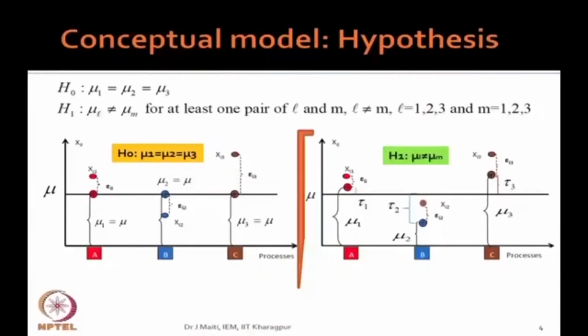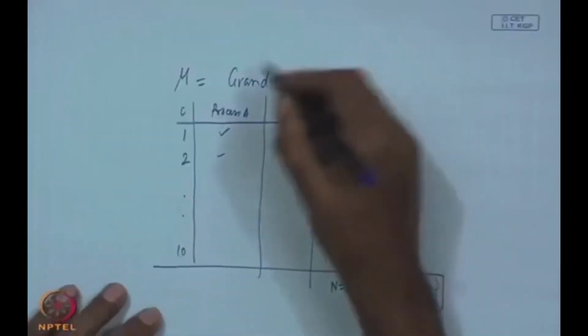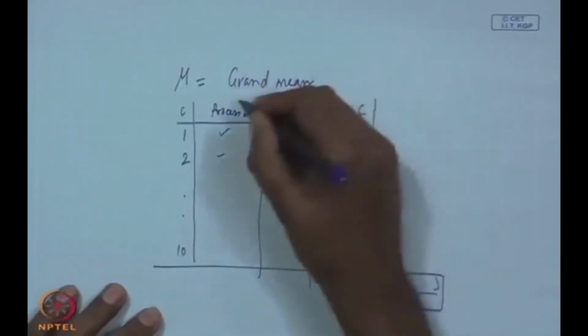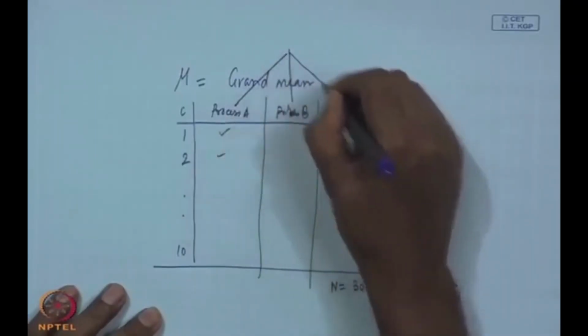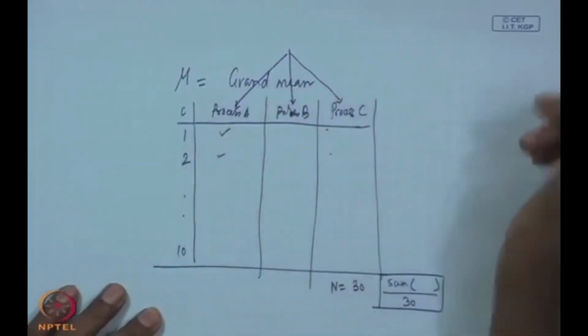If you collect 30 data points, 10 from each of the processes, that will become your grand mean. Now, there is another mean which is known as the process mean, or in this case the population mean, because we have assumed that each of the processes is different, as if each process represents a population.